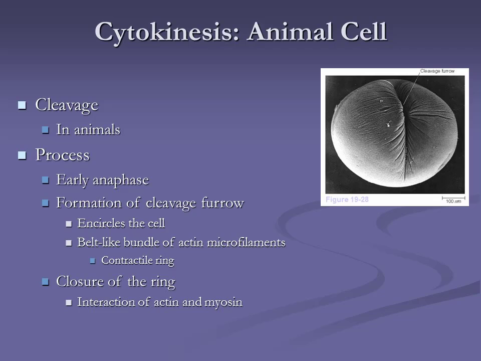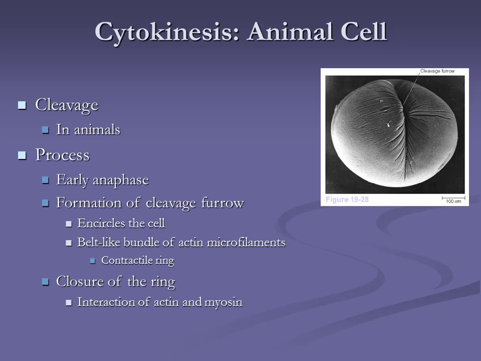Myosin and actin together is what's responsible for you getting a muscle contraction, because these filaments can slide across each other. And what does a muscle cell do? It does one thing and one thing only. Contracts. It shortens. So as you have overlapping actin and myosin that forms a belt around this cell, as myosin and actin slide across each other, that belt just gets tighter and tighter until those two cells just pinch themselves off.